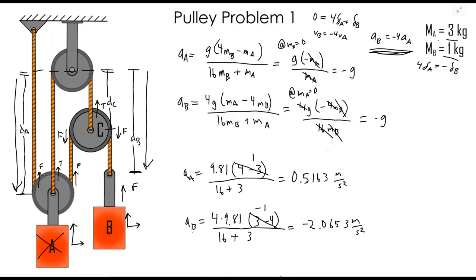So now, if we analyze it, we're saying B is going to be moving down at 2 meters per second squared, and A is going to be moving up at half a meter per second squared, which is really cool to know because technically B is lighter than A, but B is going to be moving down and A is going to be moving up. And this has no outside interaction.